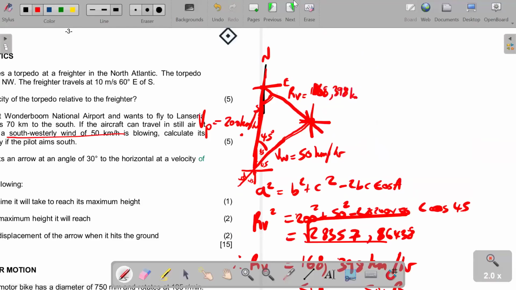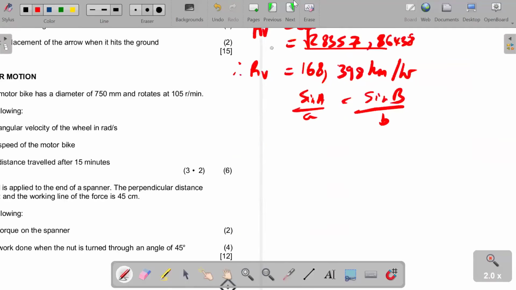So sine A over 50, the side opposite our unknown angle, is equal to sine 45 over 168.